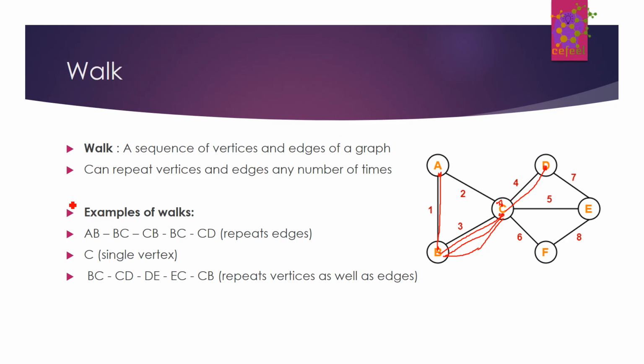Now there is another example of a walk which repeats vertices as well as edges. Let's say I start from B, I go from B to C, then I go from C to D, then from D to E, E to C, and C to B. So I have actually covered edge BC twice, and I have repeated vertex C a few times.